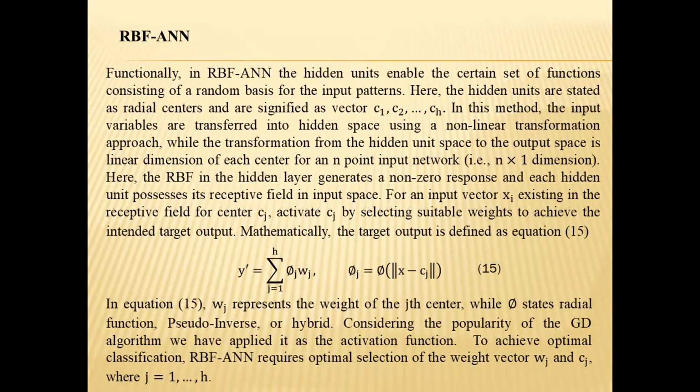Activation functions in radial basis function networks are normally implemented as Gaussian functions. Now, the output of the jth activation function phi j in the hidden layer of the network can be calculated using equation number 15 based on the distance between the input parameter x and the center j.